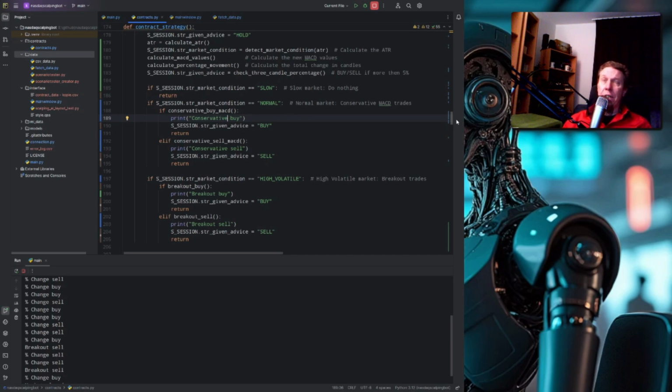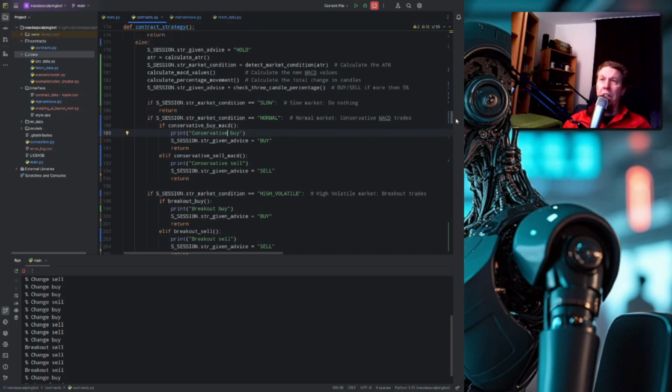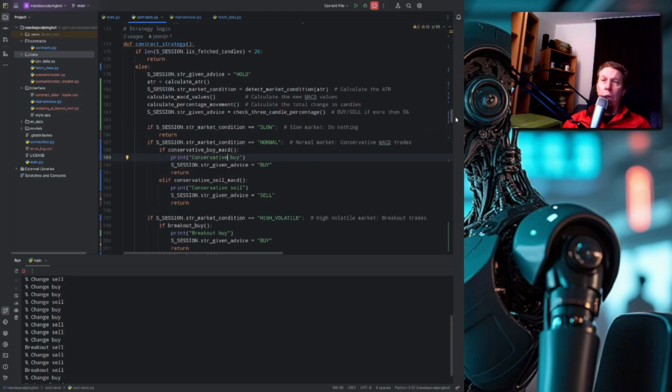I will check this tomorrow if I can change this into what it should be with a buy or sell with the MACD values. It didn't do that today at all. And that's not good. That's not good at all. So I want to see tomorrow what went wrong. Those were the changes I made today in the code.